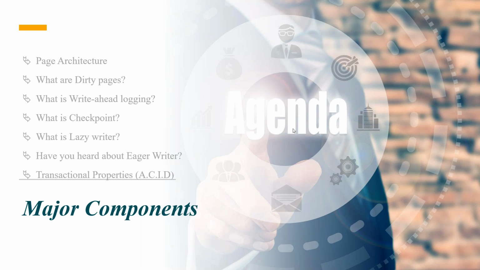Yesterday we discussed that whenever you create a database, two files will be created: the .mdf file and the .ldf file. One more file you can create is the .ndf file, the secondary data file. By default, you get two files: the master data file and the log data file.